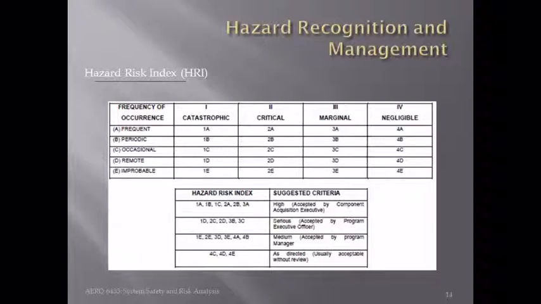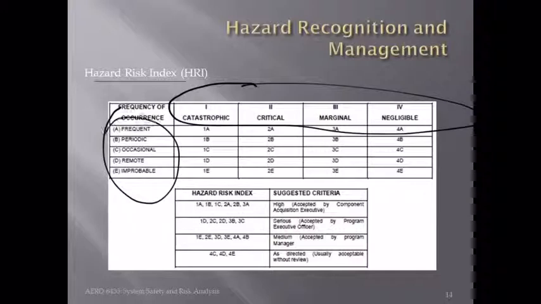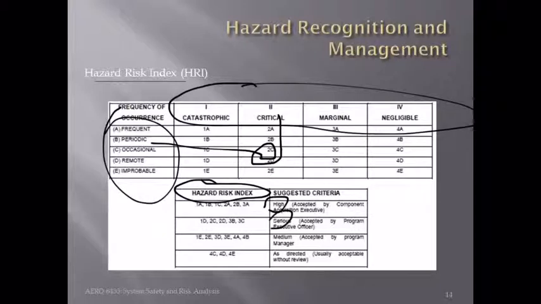The index, the composite severity and likelihood, determines the level of hazard. So you have the severity categories and the likelihood categories. As you compare those, it gives you the hazard risk index. The hazard risk index then determines what level of risk you have: high, serious, medium, or lower.